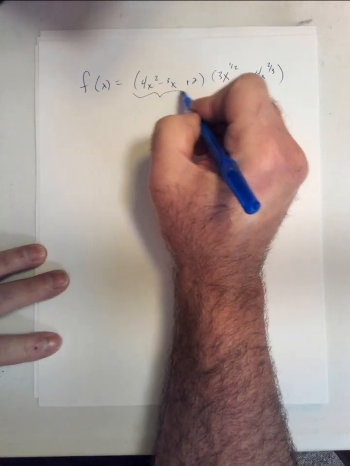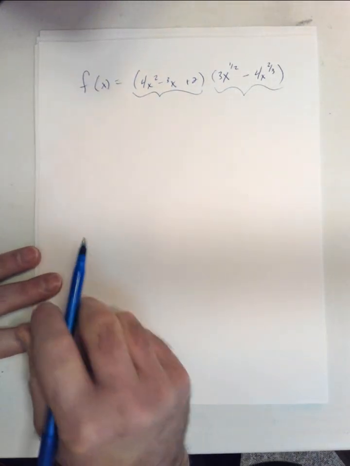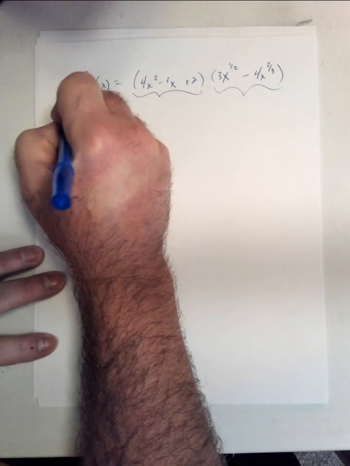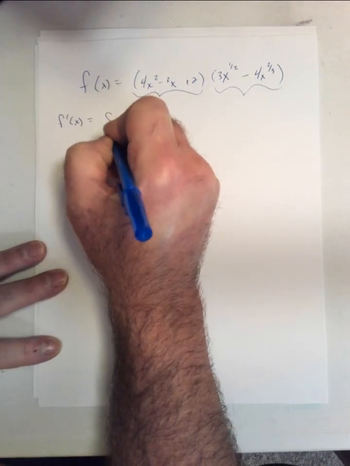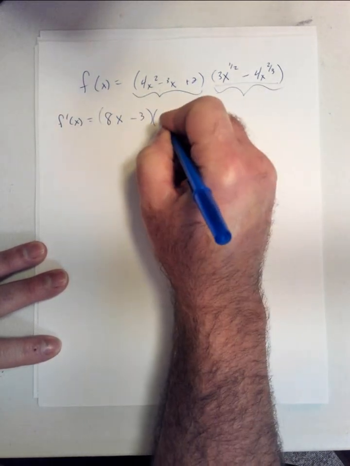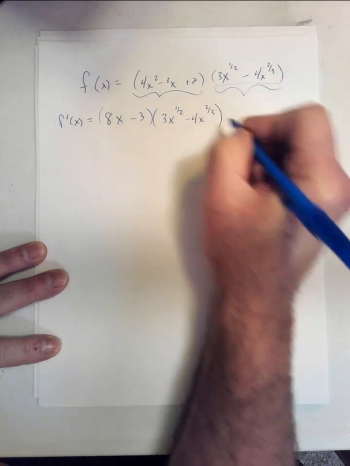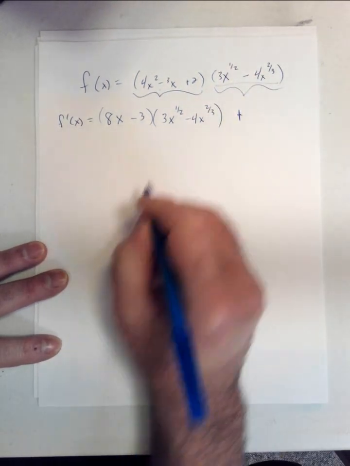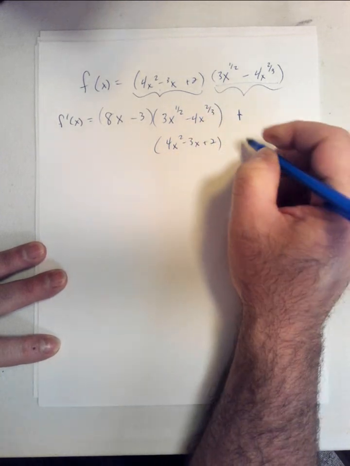So this is your first function, this is your second function, as denoted by the parentheses. So the product rule tells me, take the derivative of the first, so 8x minus 3 times the second function, so we leave that alone, plus the first times the derivative of the second.